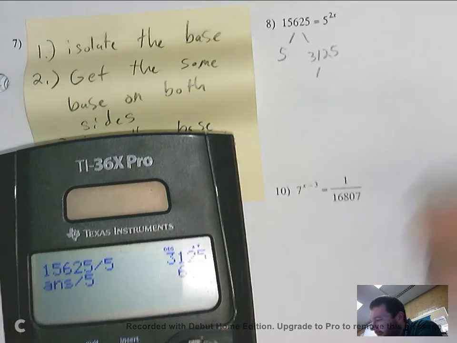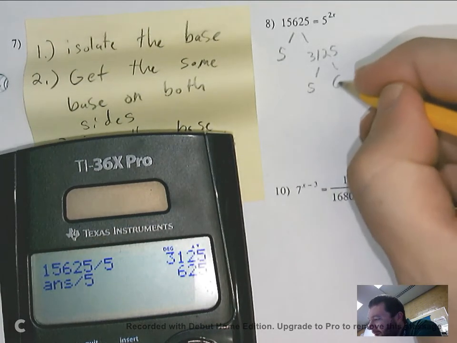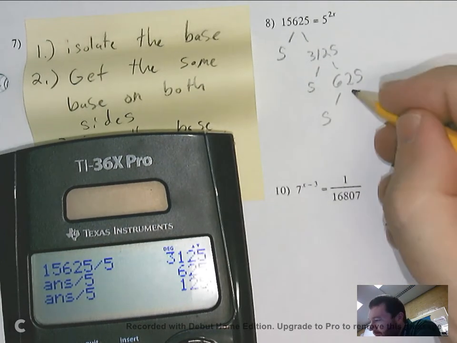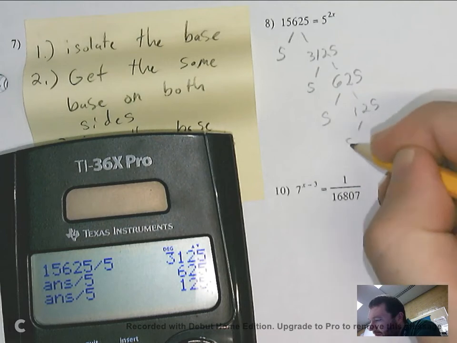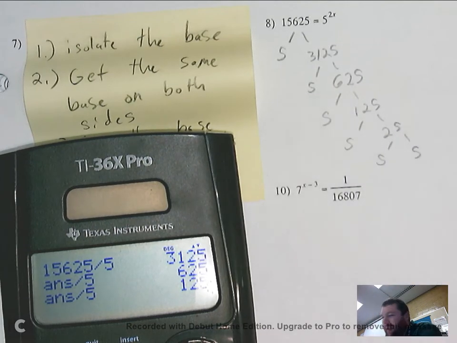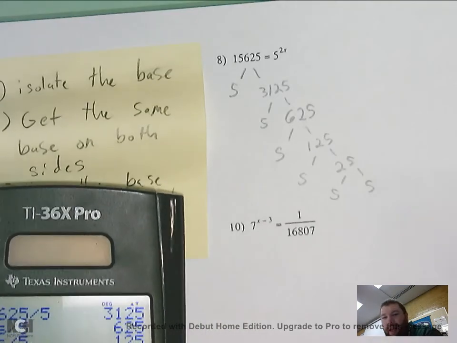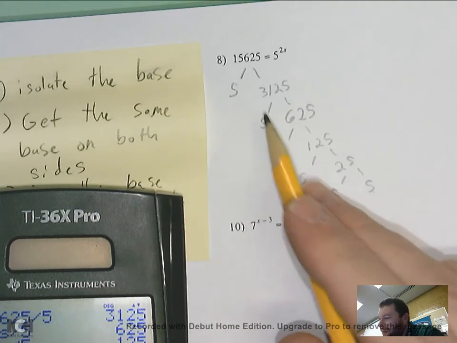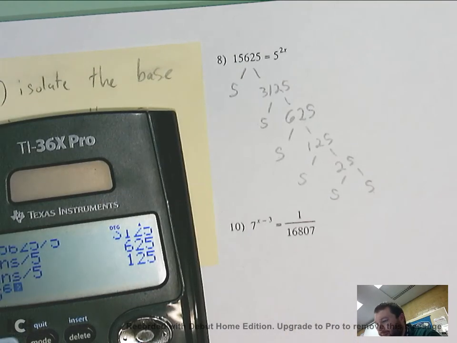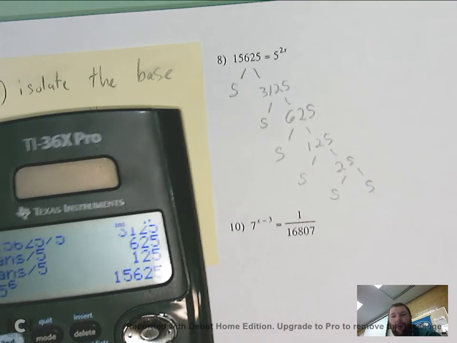Divided by 5 is 625. Divided by 5 is 125. Divided by 5 is 25. Divided by 5 is 5. Okay, so looking at that, I have 1, 2, 3, 4, 5, 6 5s. And just to double check, 5 to the 6th power is 15,625.